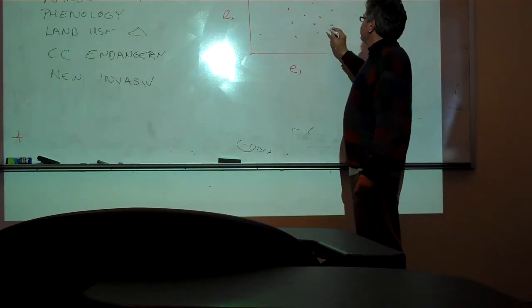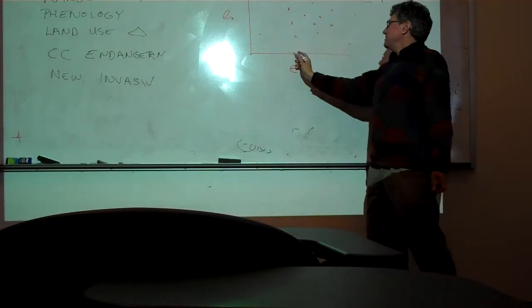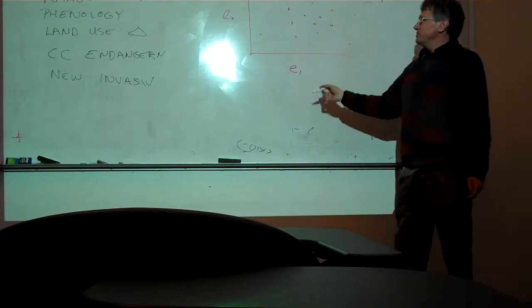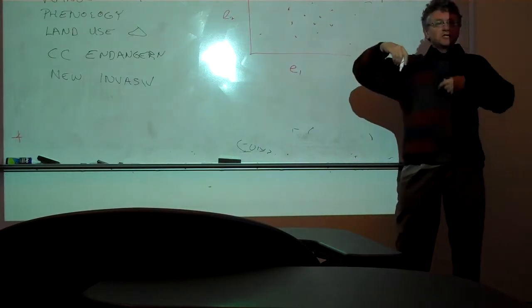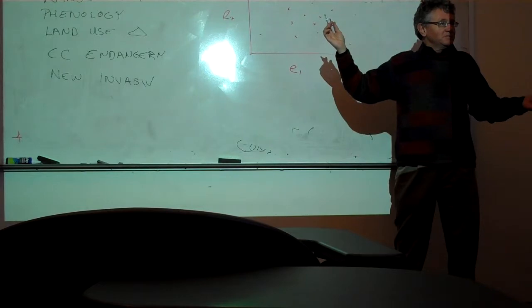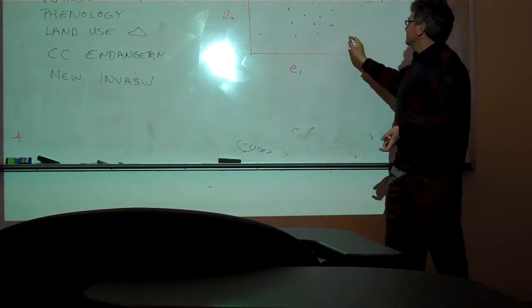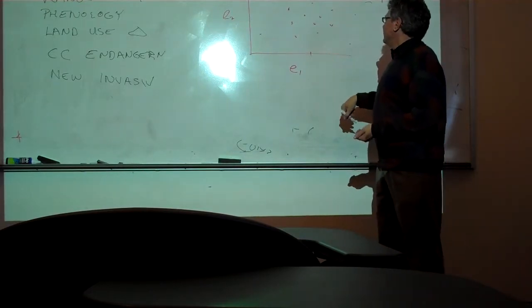Basically it says, for simplicity, let's just look at E1 for a minute, and ask, what's the most typical value of E1 for the species? Well, it's going to be the median. So the median in E1 is about here.